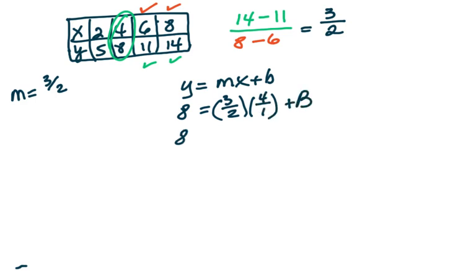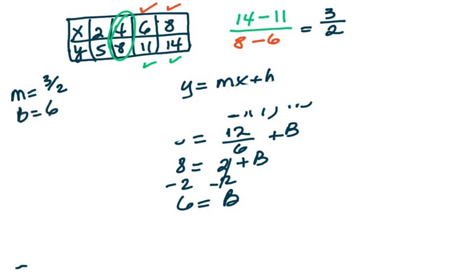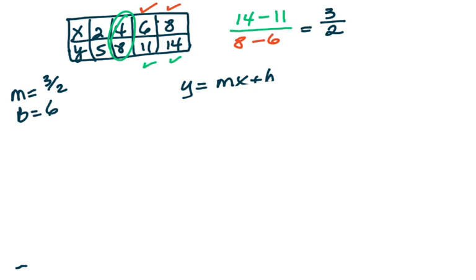Now when I multiply that out, 3 times 4 is 12, divided by 2 times 1 is 6, plus b. So this makes 8 equals 2 plus b, minus 2 on each side, and my new b is 6. So the b now is 6. So now to write my equation, I'm just going to say y equals 3 over 2x plus 6.